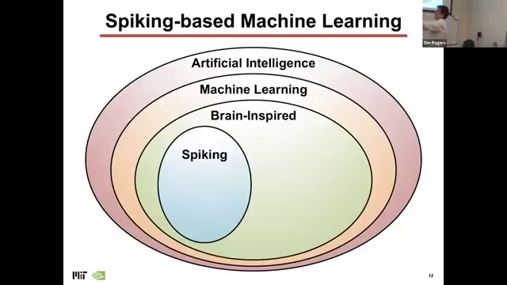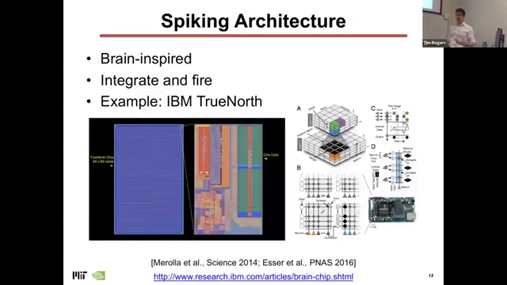If we broke down our subclasses of machine learning further, within brain-inspired there's more than one subclass, but the two that we'll touch on, one briefly and then one in depth. The first is what's called spiking. Who's heard of spiking type neural nets? There's been research work on this. What is the basic idea?